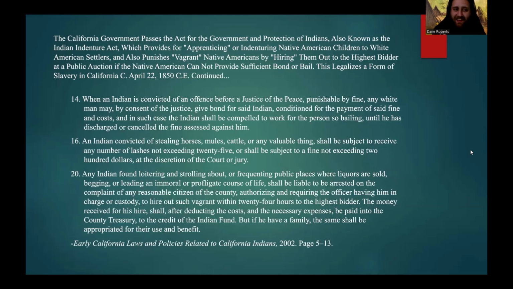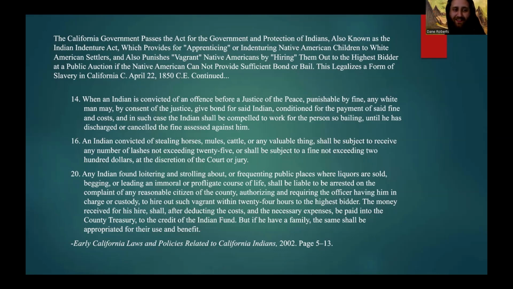Provision 14 states that when an Indian is convicted of offense before a justice of the peace, punishable by any fine, any white man may, by consent of the judge, give bond for said Indian, conditioned for the payment of said fine and costs, and in such case, the Indian shall be compelled to work for the person, so bailing them out until he has discharged or canceled the fine assessed against him. So essentially, the person bailing them out can enslave them.